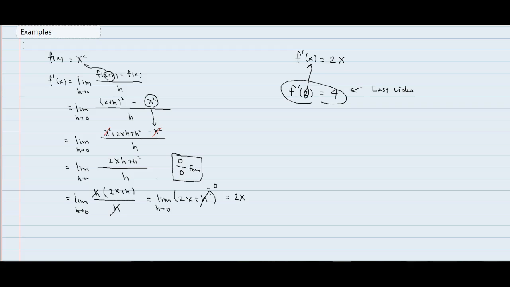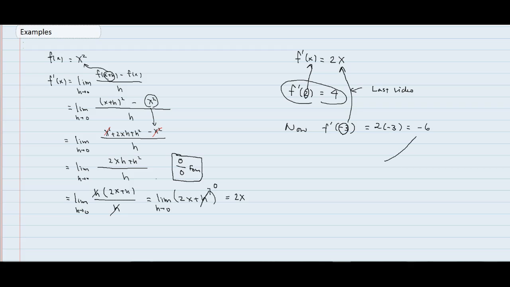Because if I wanted to find, for example now, say I want f prime of -3. All I need to do is to just take that value -3 and plug that into that x right there. So I am going to get 2 times -3, and this is -6.